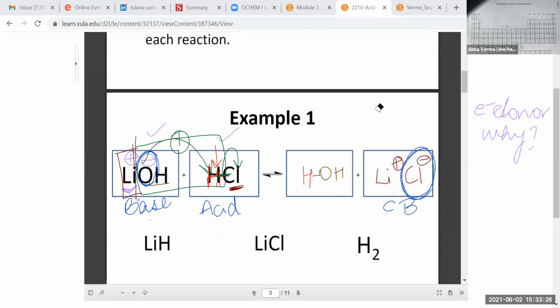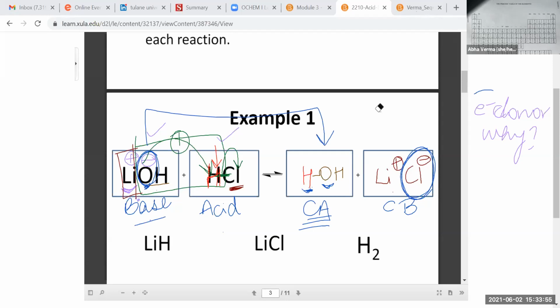Plus, if you look at this, there is an excess hydrogen here. This base has produced a corresponding conjugate acid. So the base had no excess hydrogens, but now your base has excess hydrogens, making it the conjugate acid.